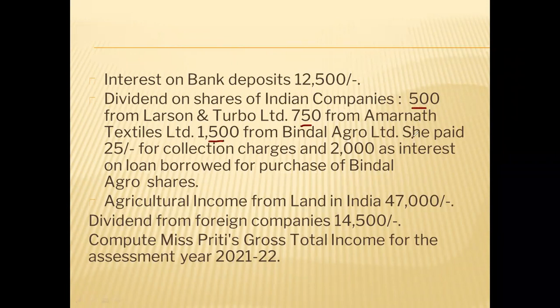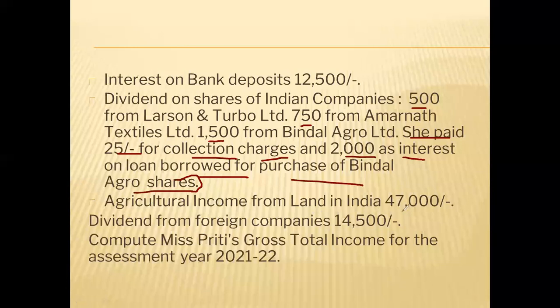And she paid 25 for collection charges and 2,000 as interest on loan borrowed for purchase of window enclosures. Agriculture income from land in India 47,000. Dividend from foreign company 14,500.